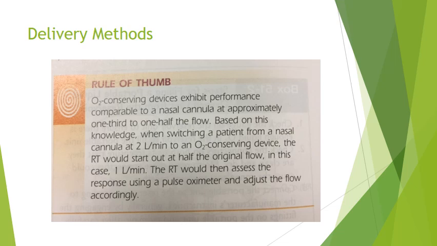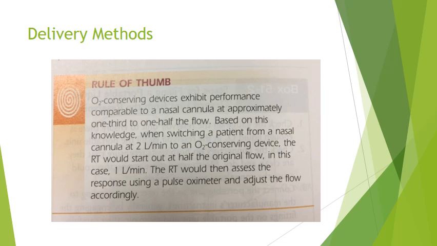So as a rule of thumb, when we're looking at O2 conserving type devices, it can inhibit performance compared to the nasal cannula at approximately 1/3 to 1/2 the flow. So based on this information, when you're switching a patient from a 2-liter nasal cannula to an O2 conserving device, as a rule of thumb, the RT will start off at about half of the original flow.